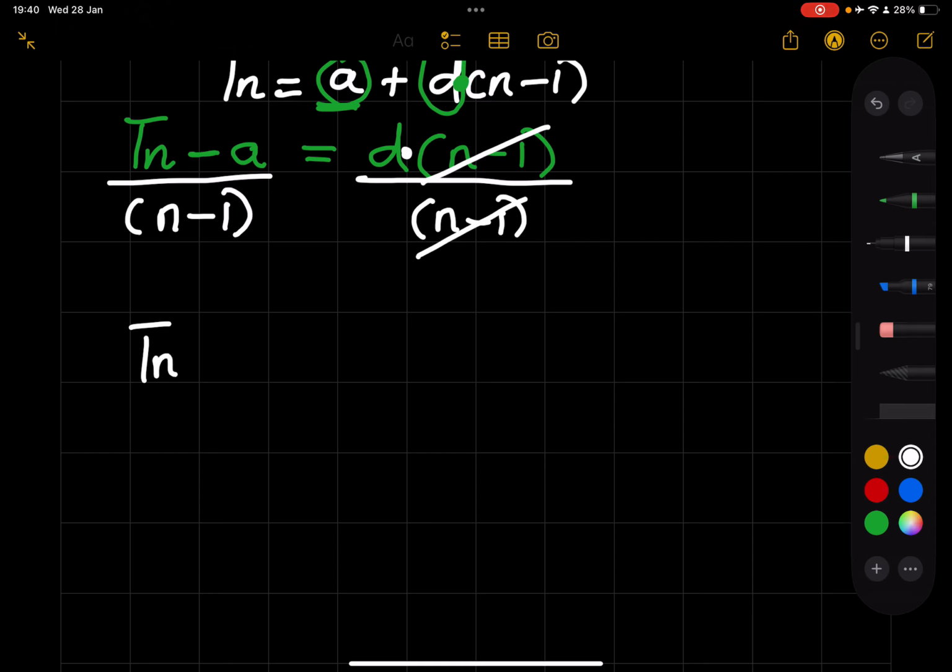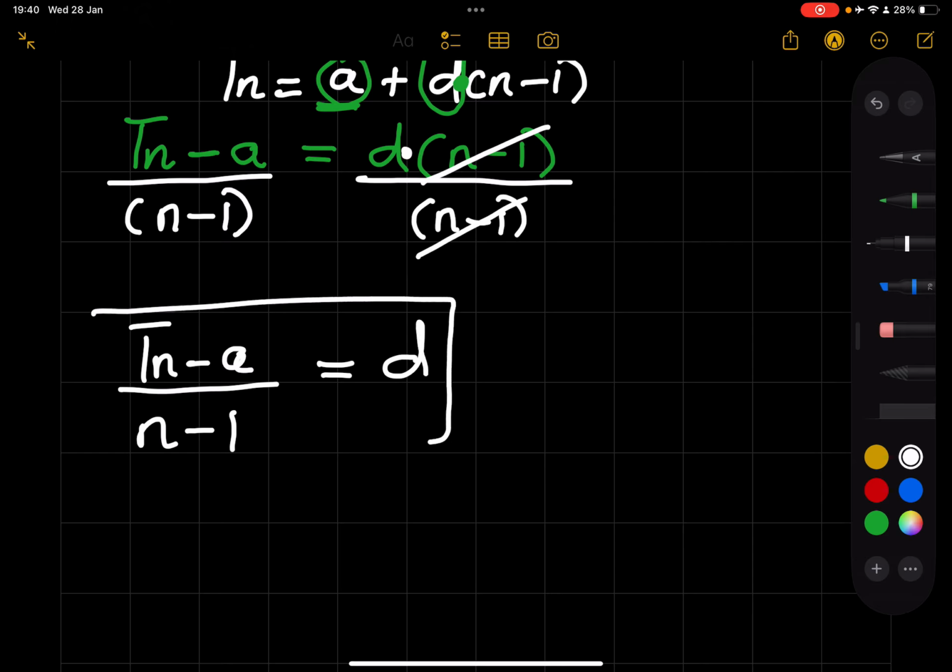So we have Tn minus a over n minus 1 equals d. And that is our final answer. We have successfully isolated the D. Right.